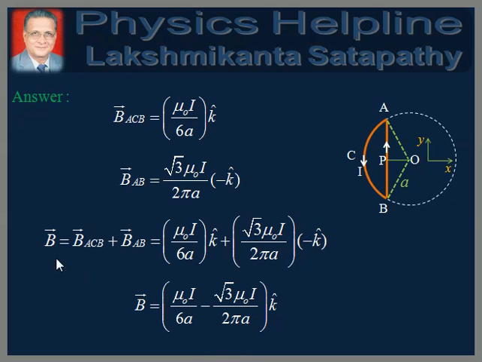Therefore, the net magnetic field at O is given by B is equal to the sum of these two terms. We'll just write it here. In the next step, we bring the negative sign here and take k cap as common. So we have B is equal to mu 0 I by 6a minus root 3 mu 0 I by 2 pi a, whole into k cap.